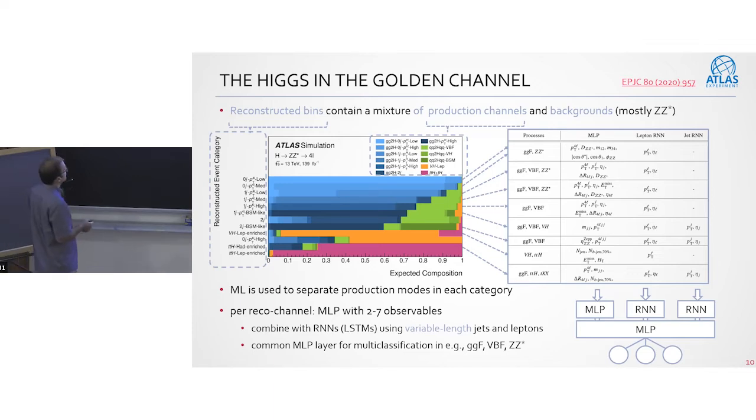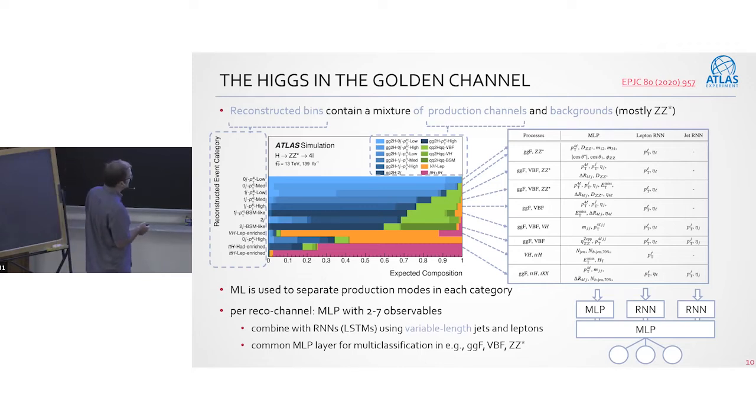and you see there is a wild mixture in these compositions. So what's done is MLPs are trained on a bunch of observables. In this case, it's only 2 to 7 variables. This is comparably few. Typical analyses are in the 20, 30, 40 observables. What's different here is that recurrent neural networks are used on variable length inputs from the leptons, electrons or muons, and the jets.